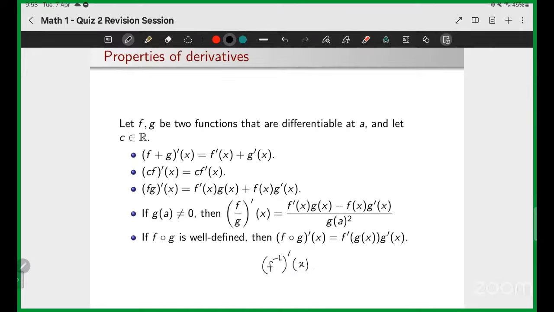Come again. Will that be the inverse of the derivative of f of x? Yeah, but the derivative need not be invertible even. That's not correct.